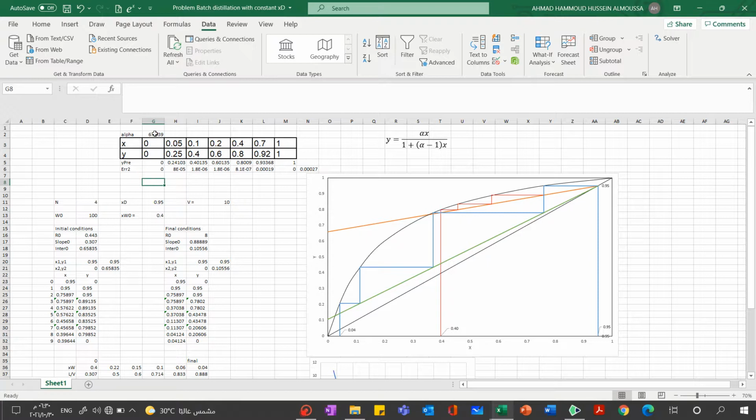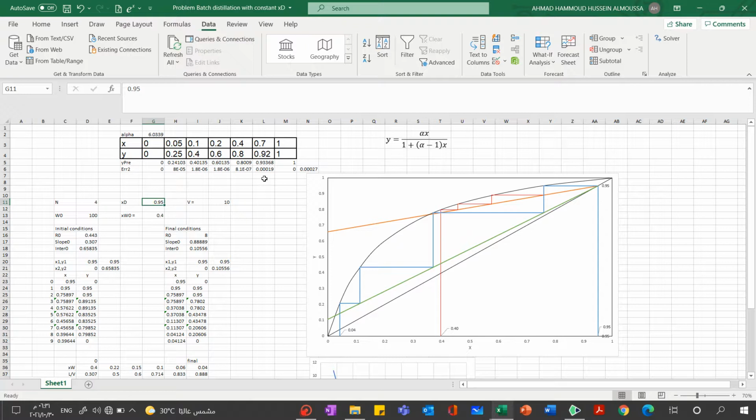After that, from the last problem in the lecture slide for chapter 13, the number of stages for the xd was 0.95.